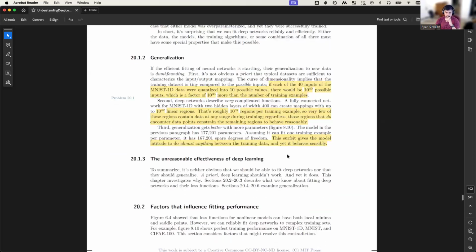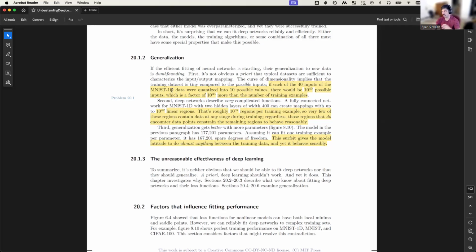One of the examples they were talking about is the MNIST 1D data set that we looked at in some of the previous weeks. If it had 40 inputs and each of those 40 inputs only had 10 possible values, that would still be 10 to the 40 possible combinations of all of those inputs. And we only have, I forget what the data set size is, like 4,000 or something like that. It's not very big.